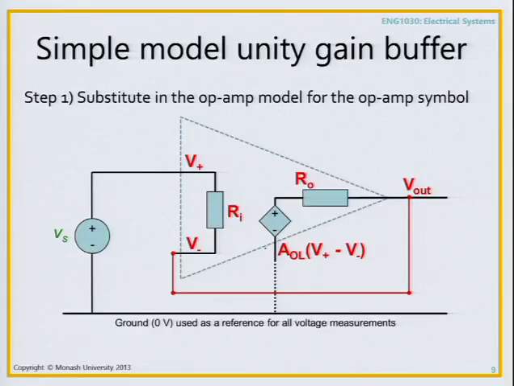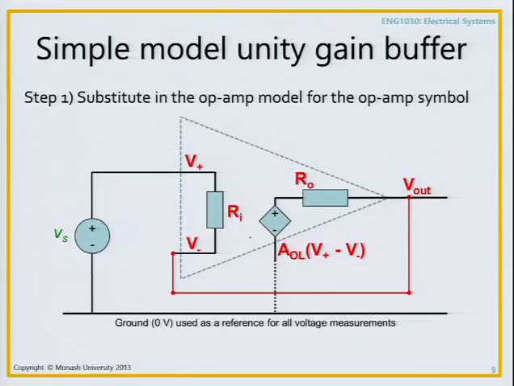Now let's have a look at what happens when we put these components inside it. Now bear in mind, this model itself is a simplification of the really, really complex model with 15 transistors in it. So even this is not exact, but it gets you close enough to understand the behavior of the op amp.